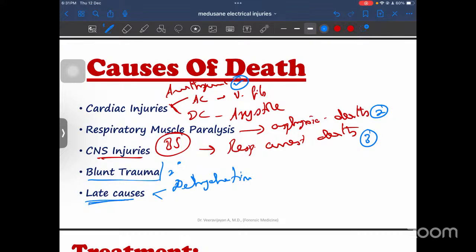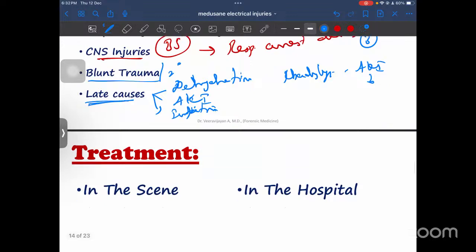Damage to the muscle causes rhabdomyolysis. Rhabdomyolysis leads to acute kidney injury. Acute kidney injury causes death. This is one more important cause. Another cause is infection of the surface wounds, that is joule burns. So while treating, we have to consider all these causes and prevent them.